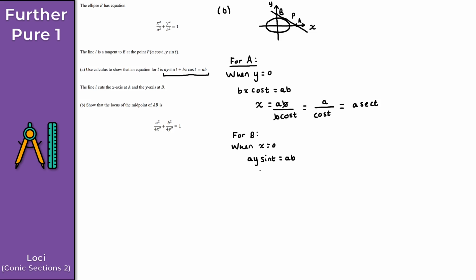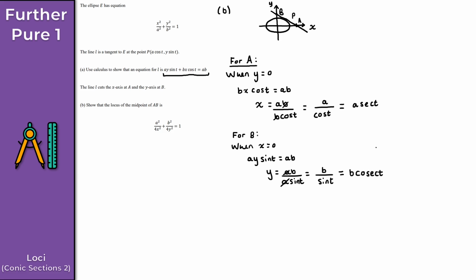Again, just divide through now, so divide through by a sine t here. So y is equal to ab over a sine t. The a's will just cancel here. I just get left with b over sine t, which is just the same as b cosec t.